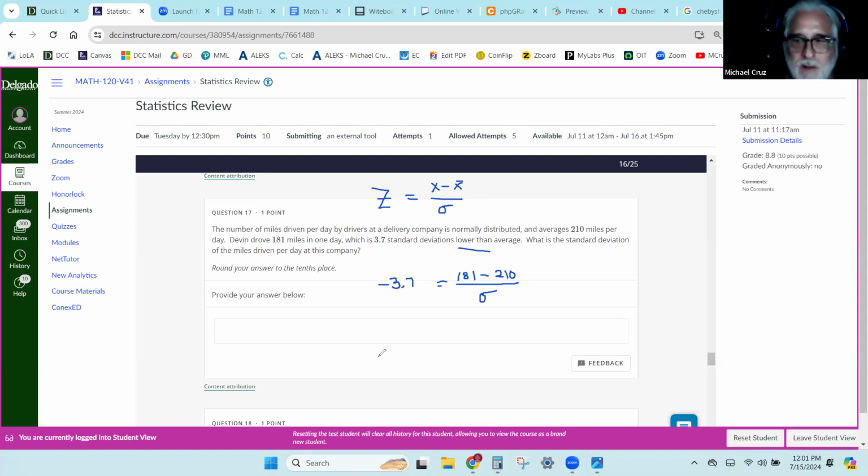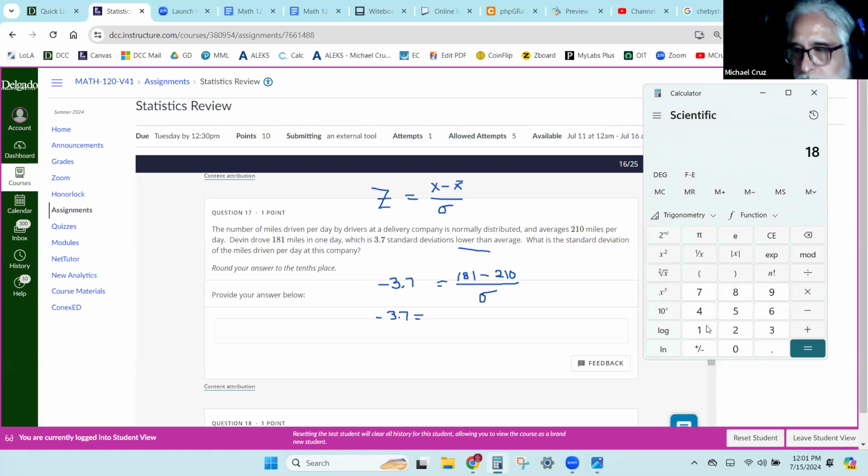So now let's just simplify this a bit. So 181 minus 210. So that's negative 29.